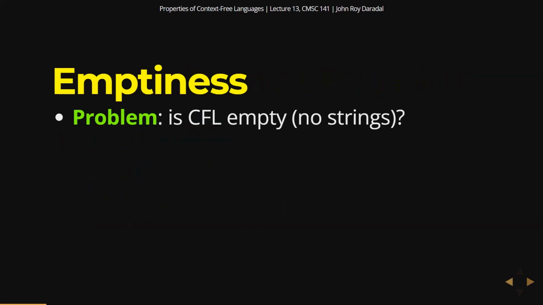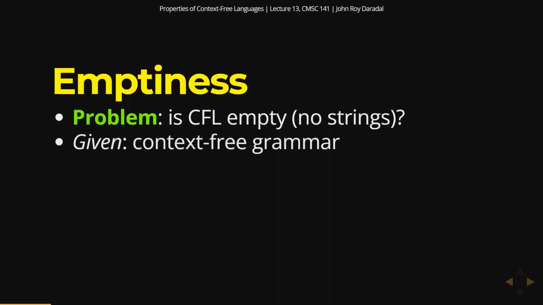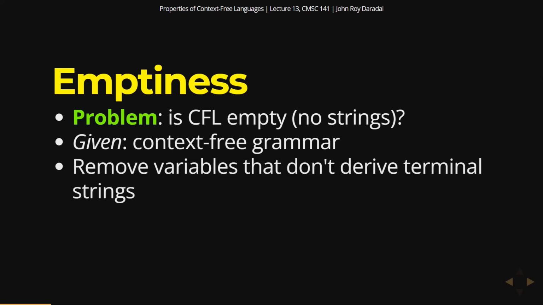Okay? So let's start with the first one, which is emptiness. Again, we ask, is the context-free language empty? Are there no strings in the language? What we'll use here for our formal representation is the context-free grammar. The first thing that we'll do is remove variables that don't derive terminal strings, because if they don't derive terminal strings, then of course they cannot produce terminals, right?